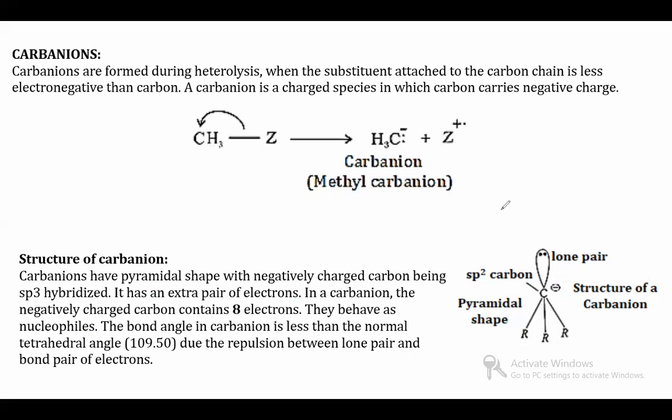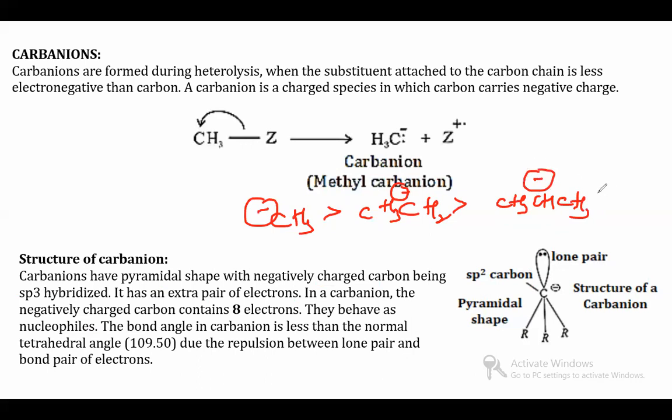For carbanions, we need to remember this can be explained with the help of the inductive effect. The primary carbanion CH3 minus is more stable than CH3CH2, and the secondary carbanion is greater than CH3.